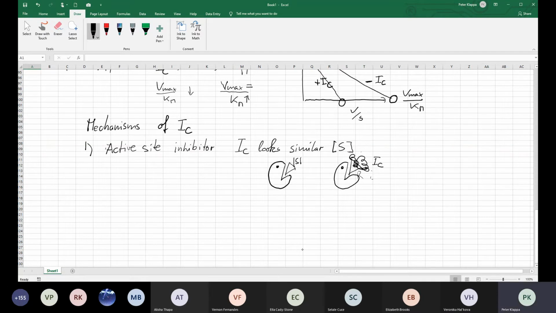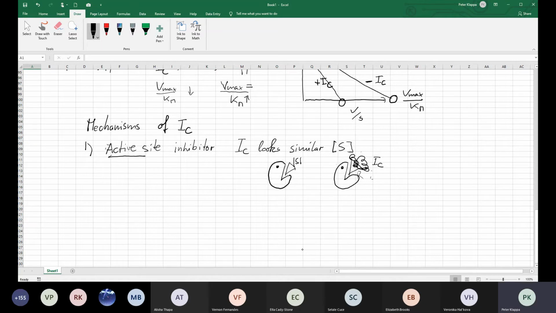And you see, in this case, the inhibitor can bind to the active site, but then it blocks it. And what you also see is that the substrate and the inhibitor are mutually exclusive. If the substrate has bound, the inhibitor can no longer bind, and the other way around. Okay, so that is an active site inhibitor.